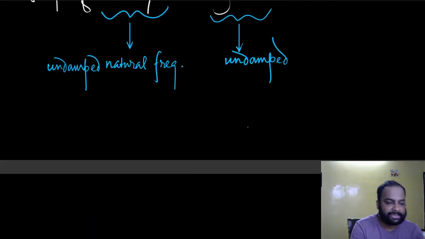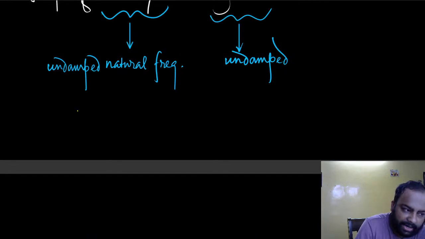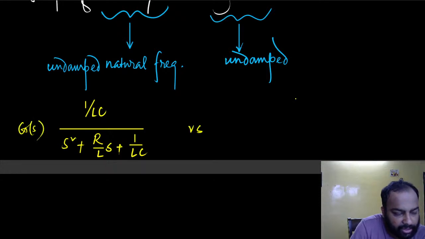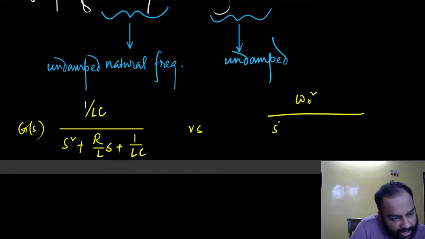What about the RLC series circuit? If you recall, the transfer function for an RLC series circuit would be (1 by LC) divided by S squared plus R by L S plus 1 by LC. And this is versus, once again, omega n squared divided by S squared plus 2 zeta omega n s plus omega n squared.